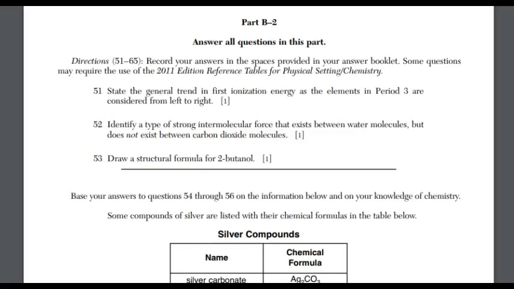Let's go to 52. Identify a type of strong intermolecular force that exists between water molecules but does not exist between carbon dioxide molecules. Now, there's a little basket of molecules that you need to know the structures for and whether or not the molecules themselves are polar or non-polar.